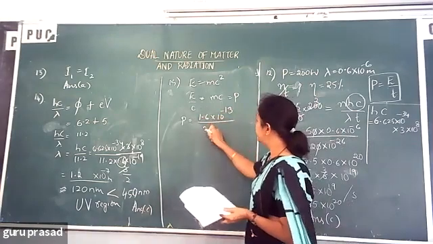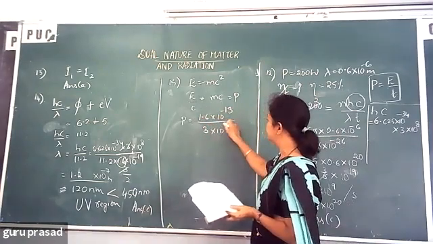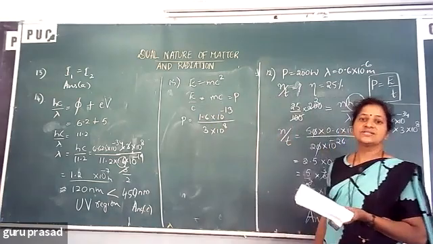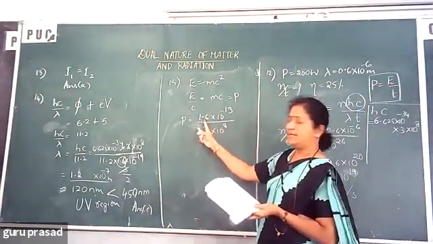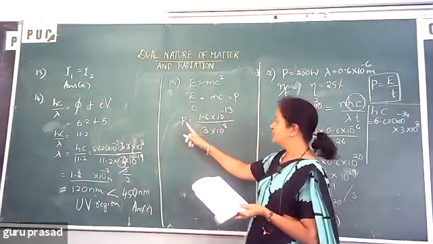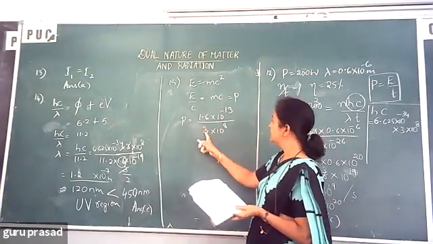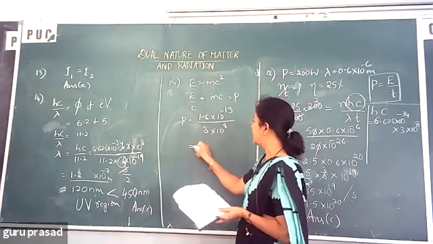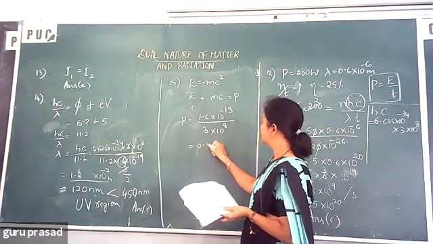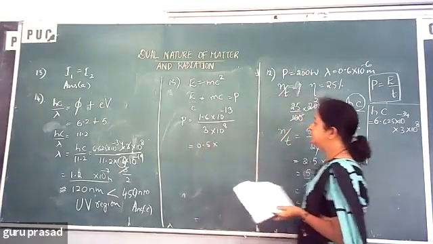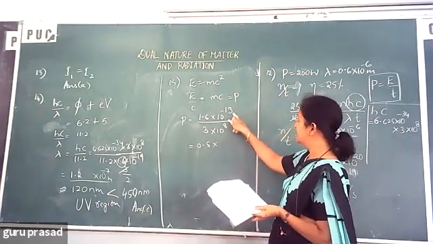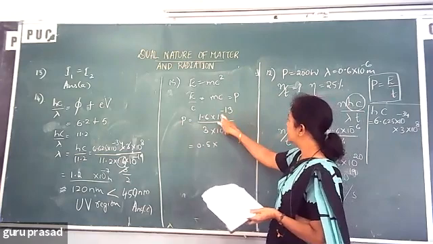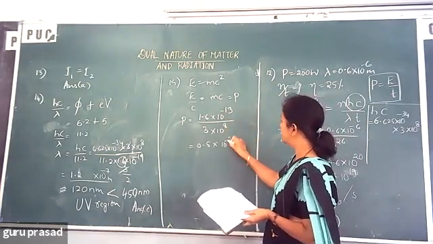By 3 into 10 power 8, velocity of light in free space. You can consider this like 3 by 2, a little more than 3 by 2 of course. 3 cancels, 1 by 2 is like half, almost 0.5 into 10 power plus 8 goes to the numerator. So that you get 10 power minus 21.